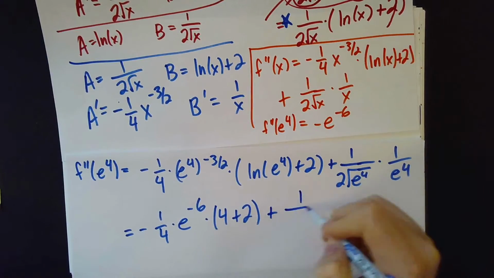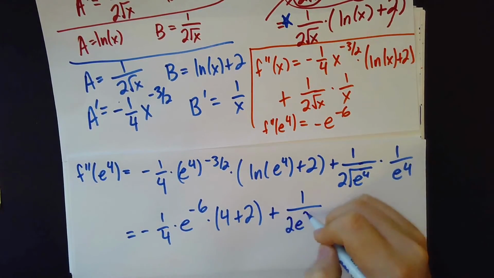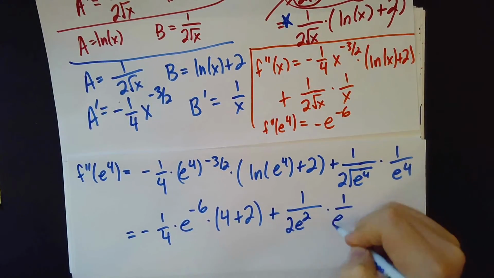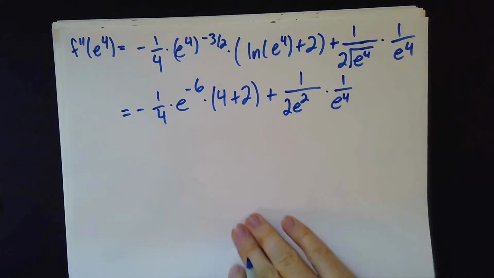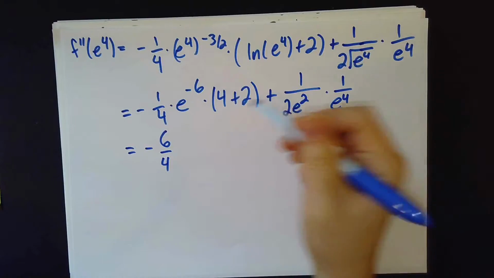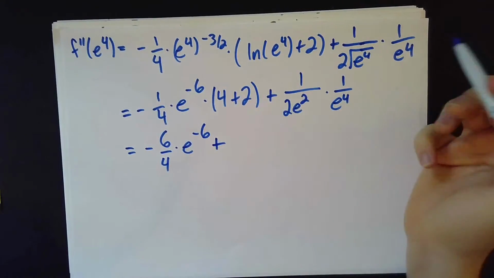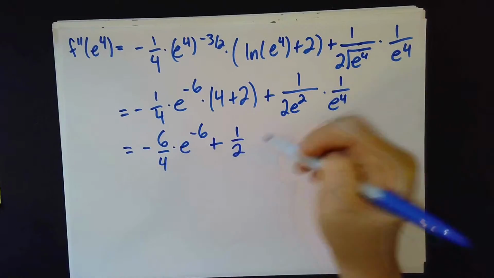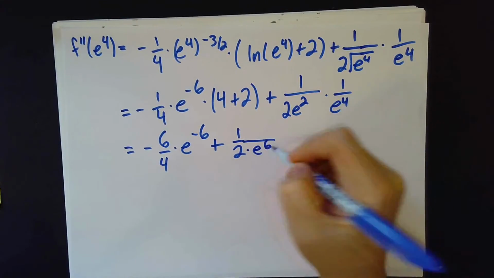And then this will be 1 over square root is the 1/2 power, so this is 2e squared times 1 over e to the fourth. Okay, and I'm going to go ahead and note e squared times e to the fourth is e to the sixth.